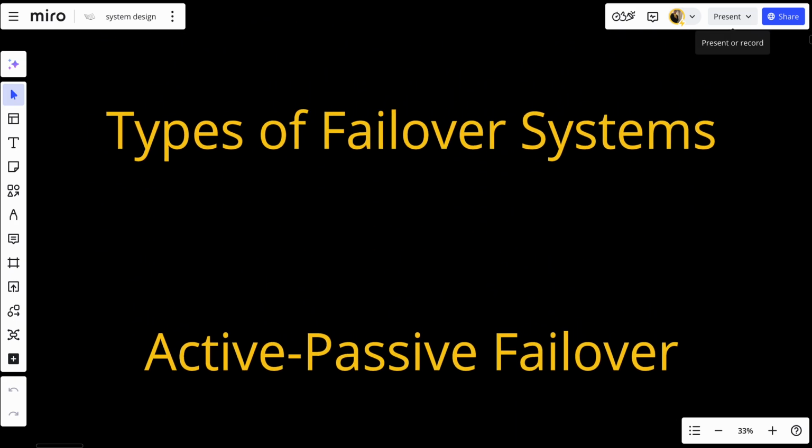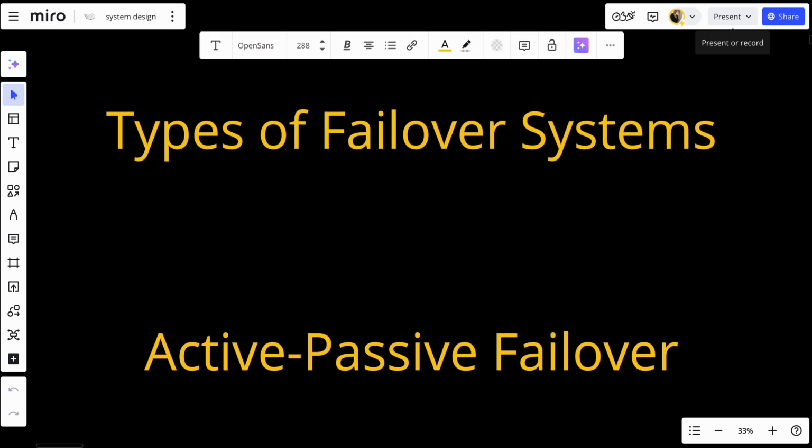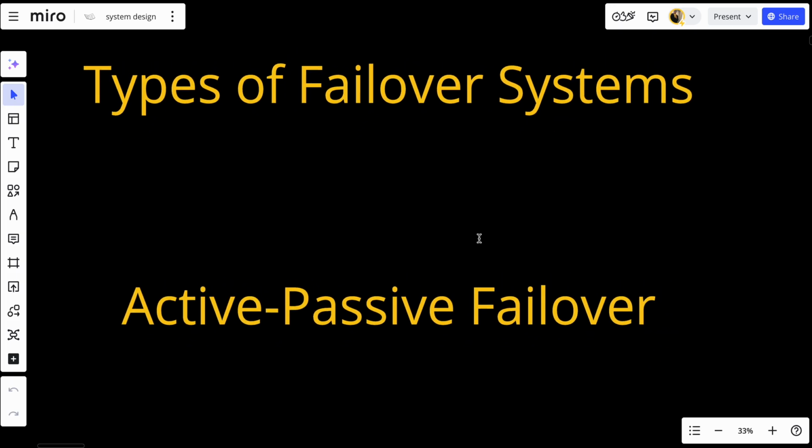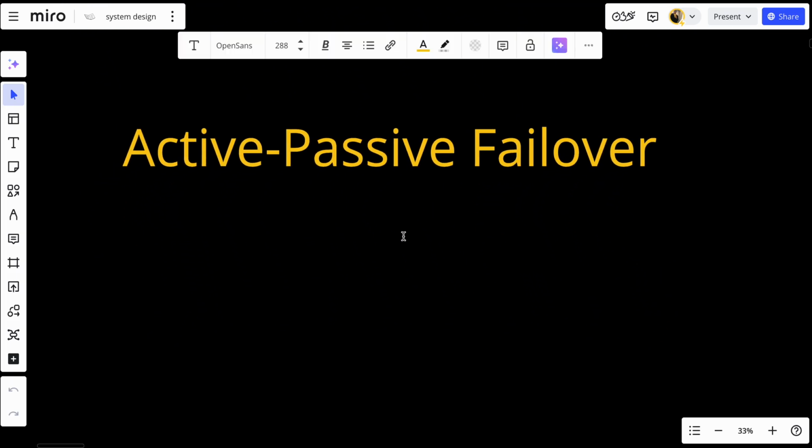Okay, let's talk about the types of failover. There are two famous types: active passive failover and active active failover. Let's start with active passive failover. Active passive failover involves a primary component that is actively serving requests and a backup component that remains idle.